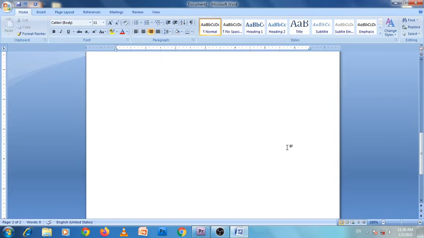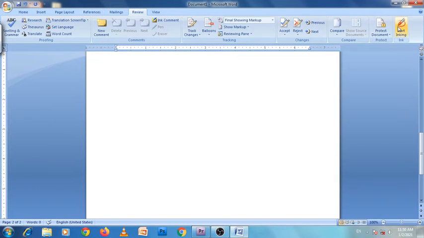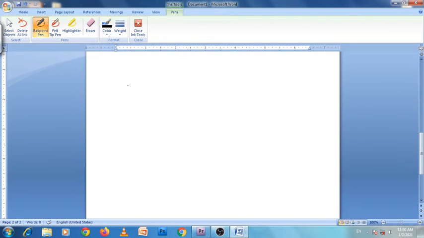question number 3, write cubes of multiples of 3 between 20 and 30. So here, question number 3, write the cubes of multiples of 3 between 20 and 30.